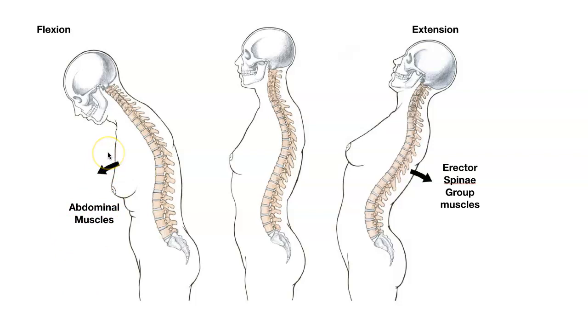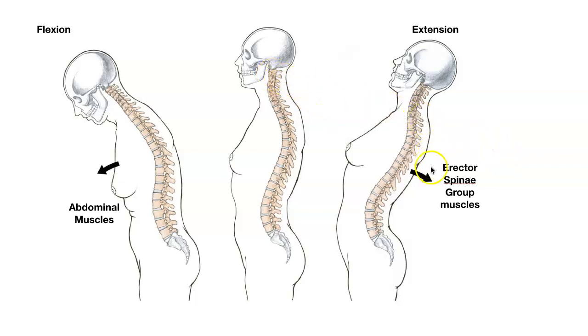If you are doing sit-ups, you are contracting those abdominal muscles, you are doing a forward motion. You are moving the vertebral column. So we say the abdominal muscles, external obliques, internal obliques, and rectus abdominis are going to give us vertebral column flexion when they're all contracting.